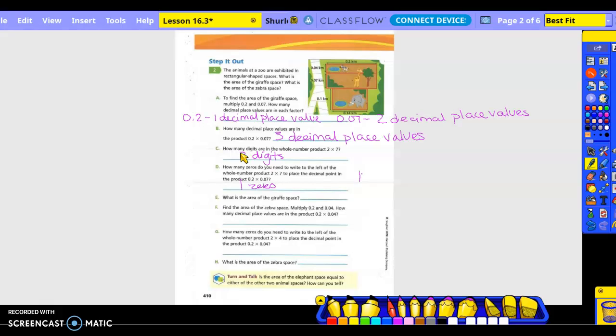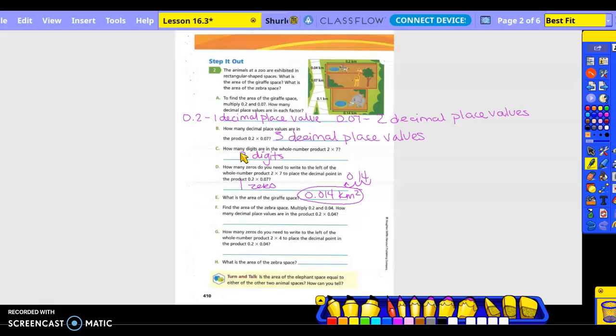So basically we have 14 and we said how many decimal places? 3. So we go 1, 2, 3. And we put a what there to hold our spot? A 0. So 0.014, right? Of a kilometer squared.